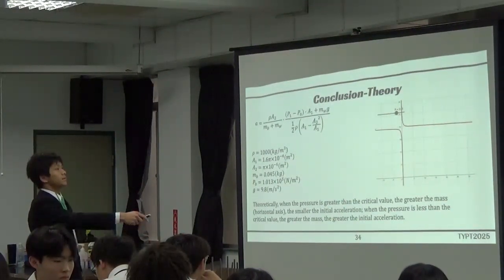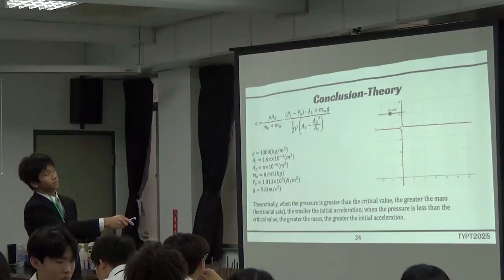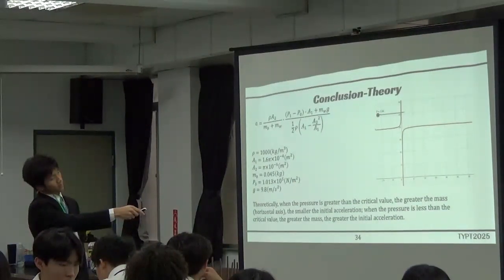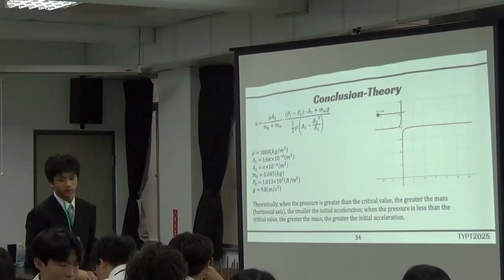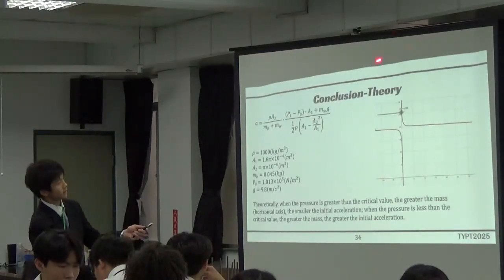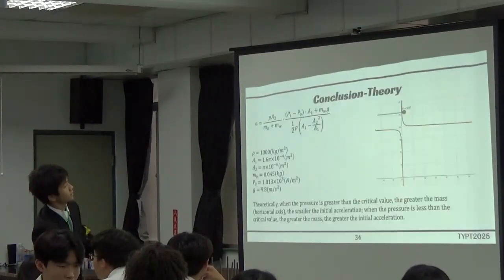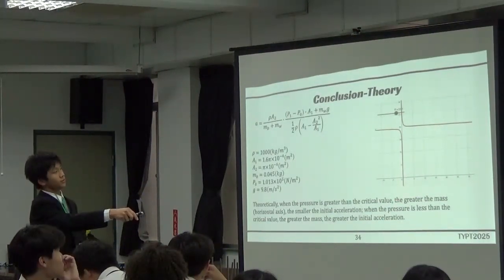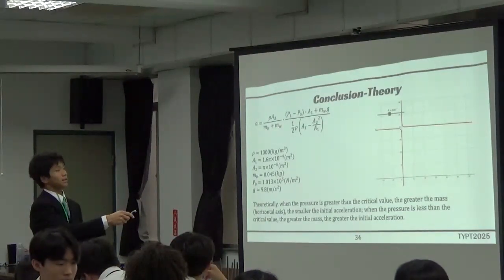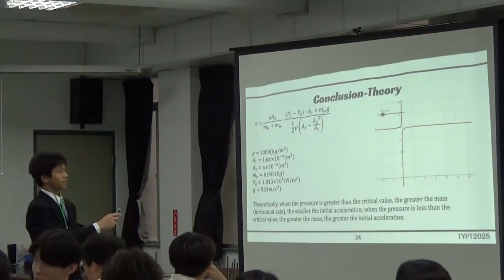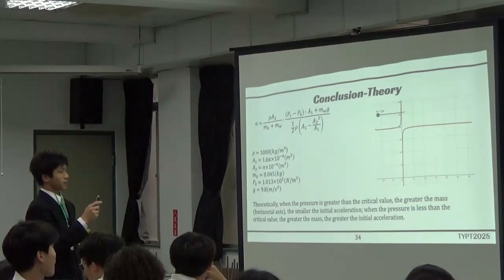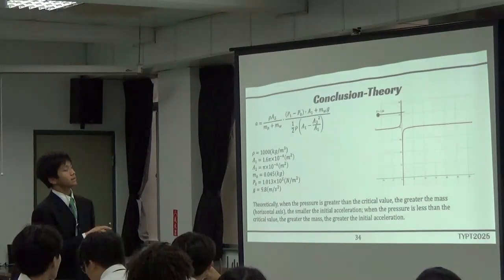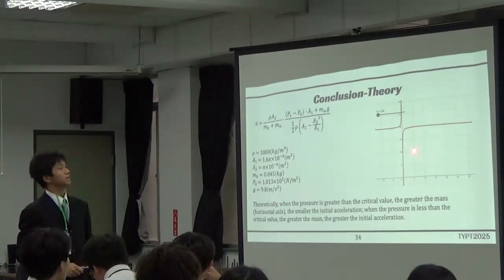So as you can see, when the pressure begins to get lower than a specific amount, the line will change from this to this, and this means that in lower pressure, the greater the mass of the system is, the greater the initial acceleration is. So this is the conclusion of the experiment.